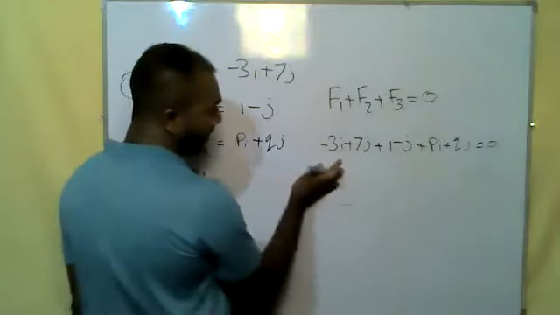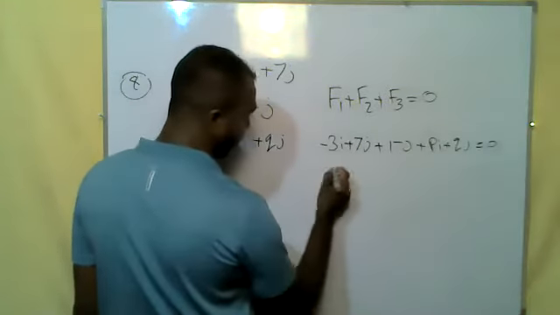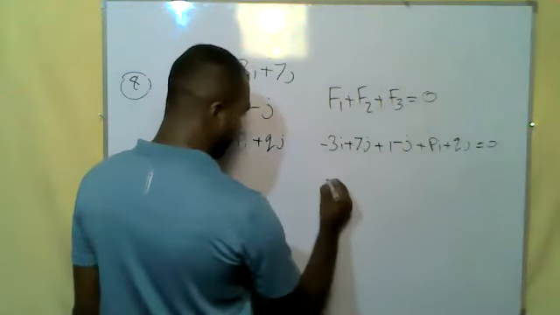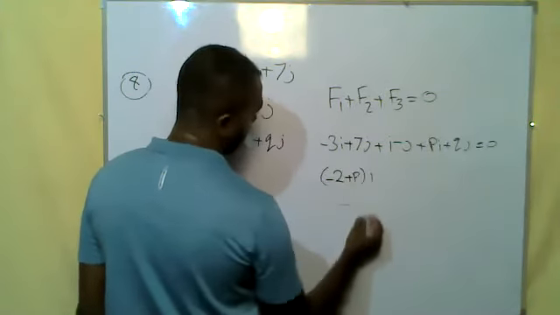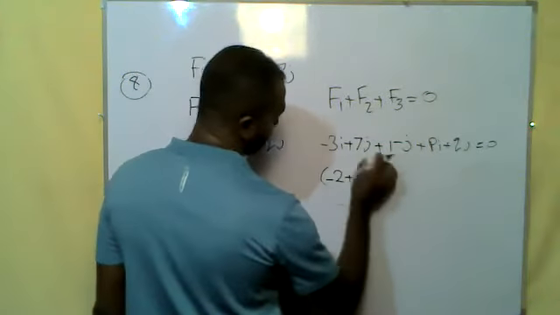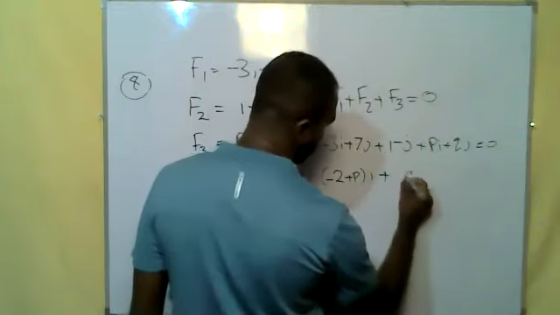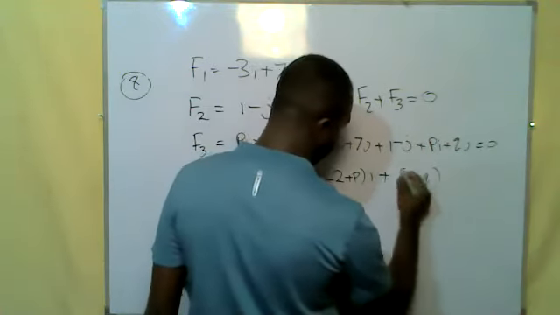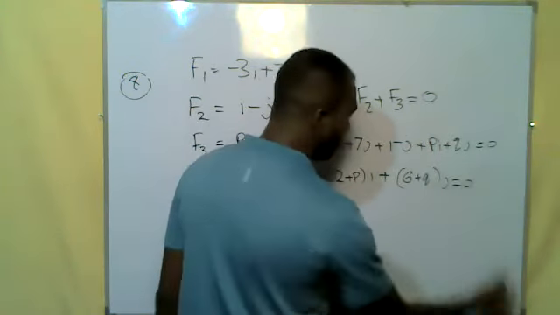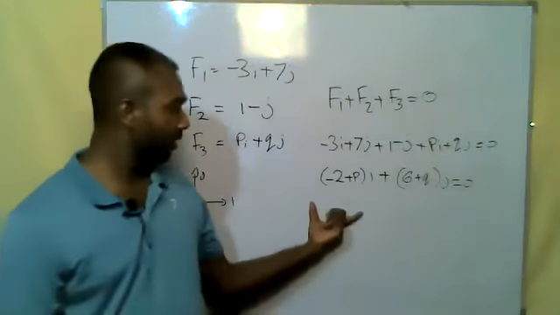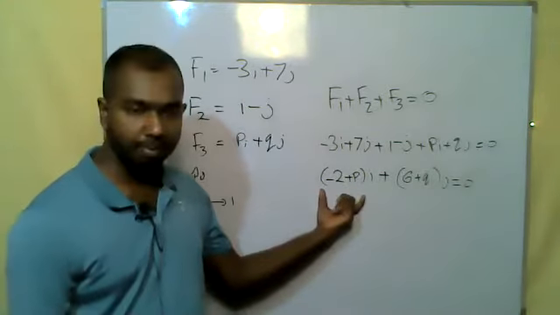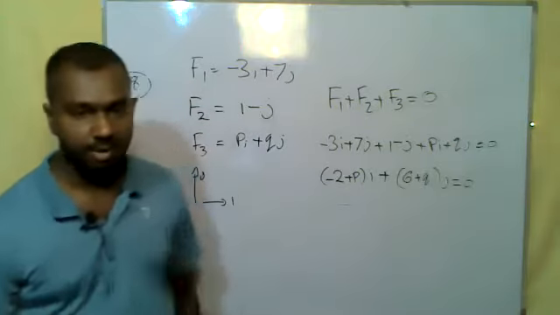Now, I am going to add the i components. What do I get? Minus 2 plus P times i, plus 6 plus Q times j, should be equal to 0. So what do I have here? Minus 2 plus P, and 6 plus Q.